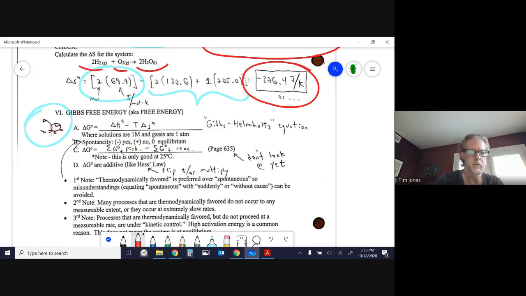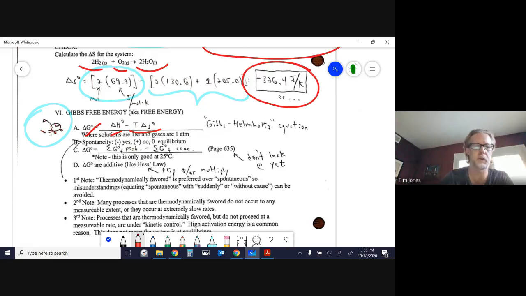So delta G, which we mainly are going to use to tell us whether a reaction can occur or not, is equal to delta H minus T delta S. Now, sometimes you'll see this equation with the little circles, the not, and that just means you're at standard conditions. Sometimes you'll see it without the circles, which either means it's just someone being careless, or maybe it's not at standard conditions, and the equation still holds true.